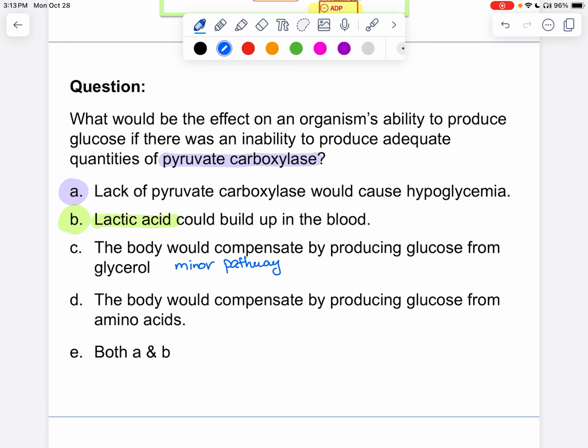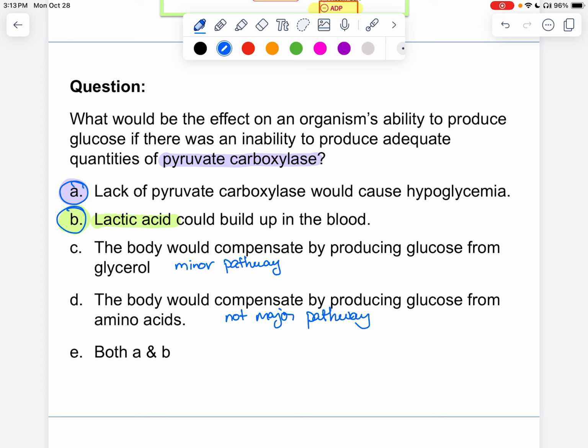So, not a major pathway. Again, not something you would have known before this. I would have expected you to be able to predict A and B, but I wouldn't have expected you to predict that C and D would not be strong enough routes to keep your blood glucose levels constant.